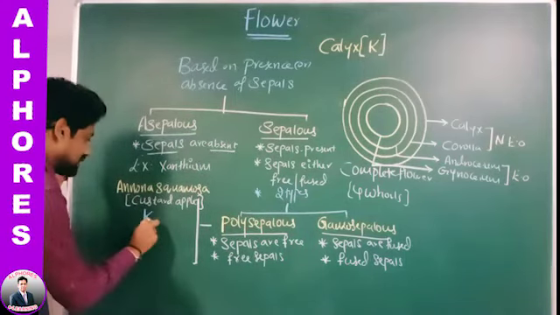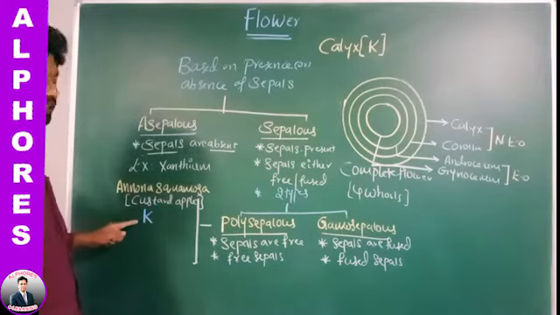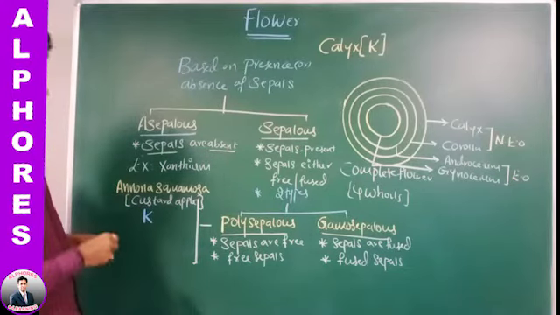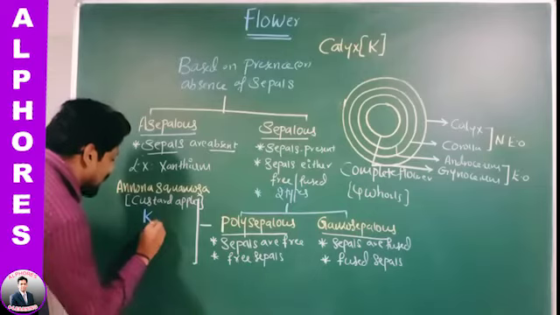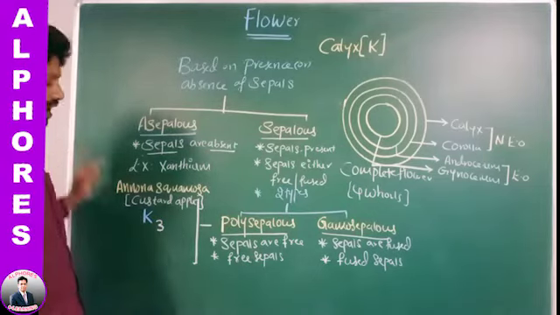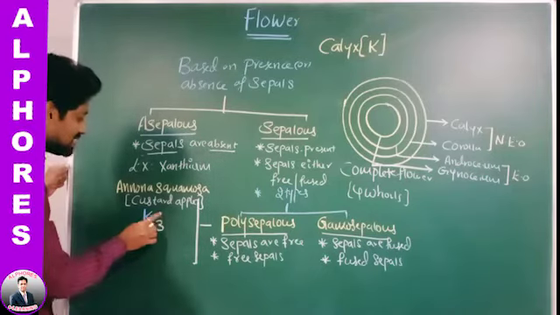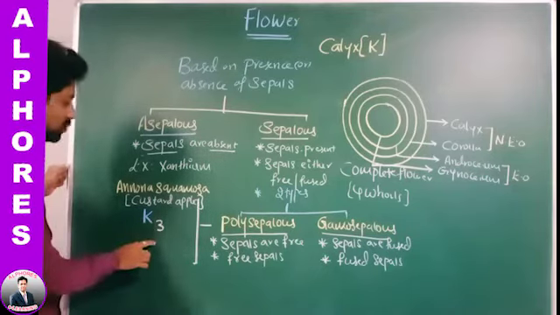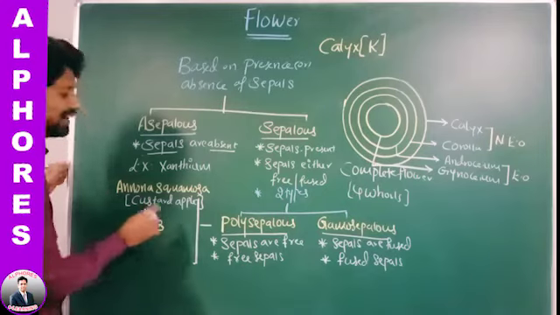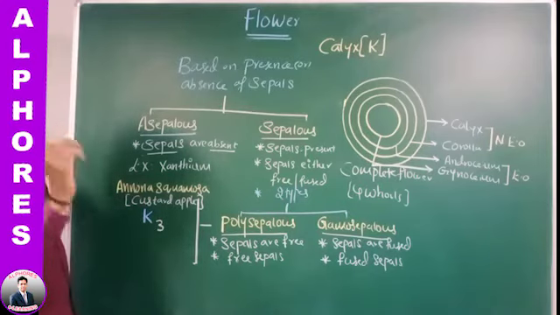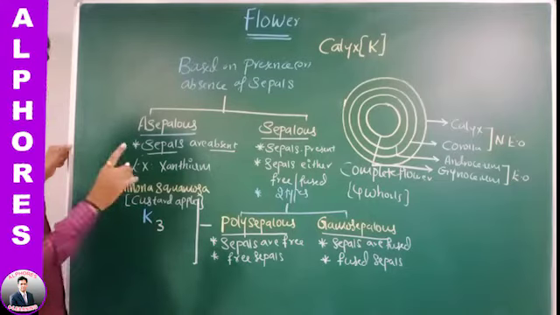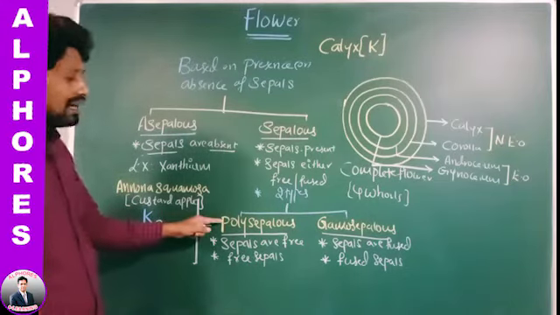K indicates calyx. The unit of calyx is sepals. In Annona squamosa, 3 sepals are present. These 3 sepals are free. That's why I am not keeping these 3 in brackets. Therefore, polysepalous.